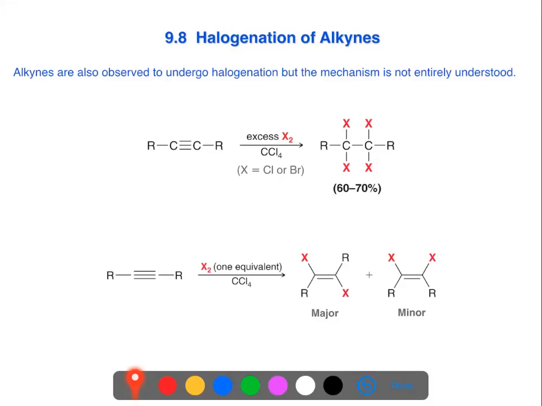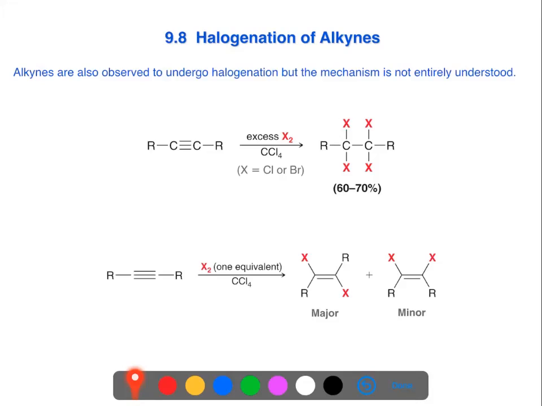Now, if we wish to obtain a dihaloalkene as opposed to a tetrahaloalkane, we have to carefully control how much of the reagent, in this case, our molecular chlorine or molecular bromine, we have to control that ratio with the alkyne carefully.